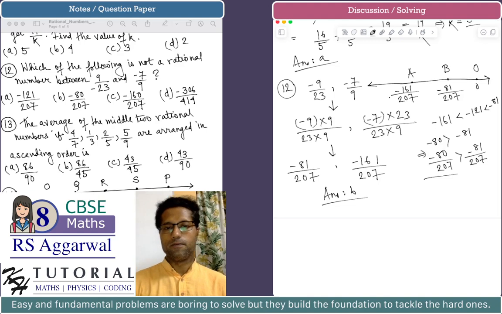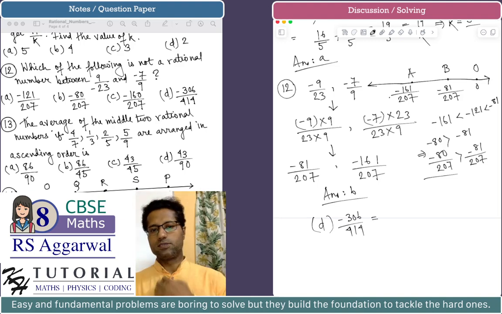And what is D? Choice D is minus 306 by 414. Now you can see that it is not in standard form.